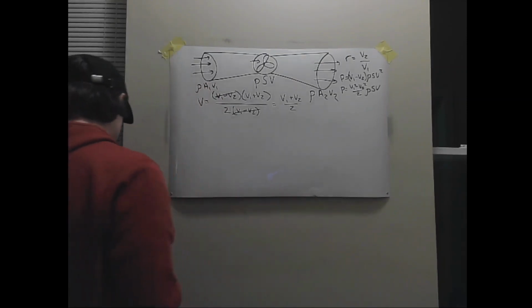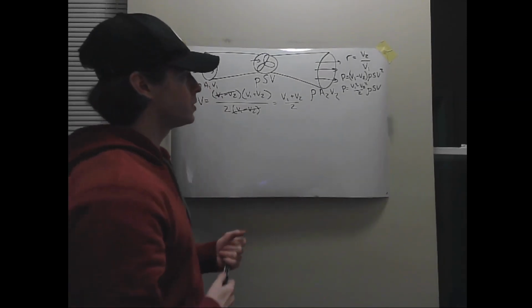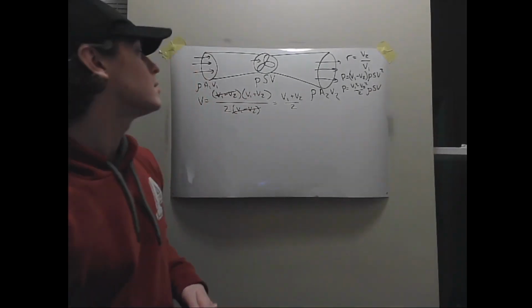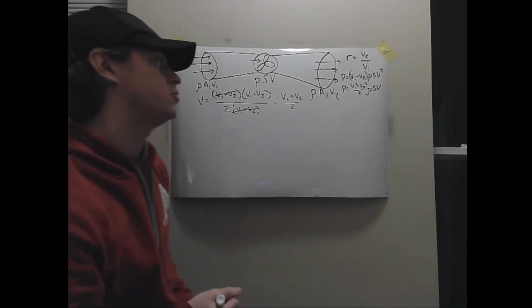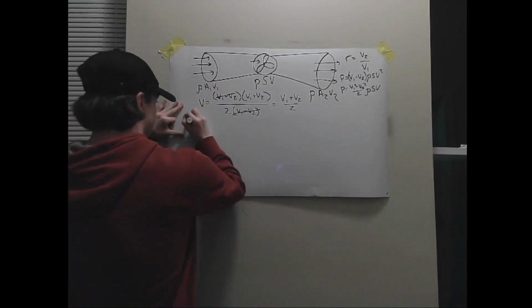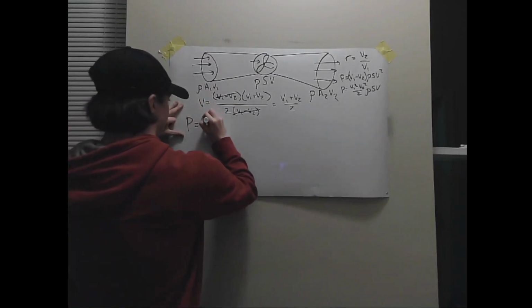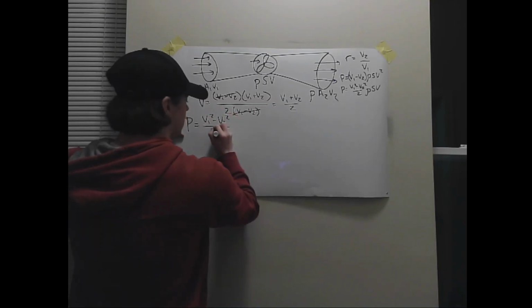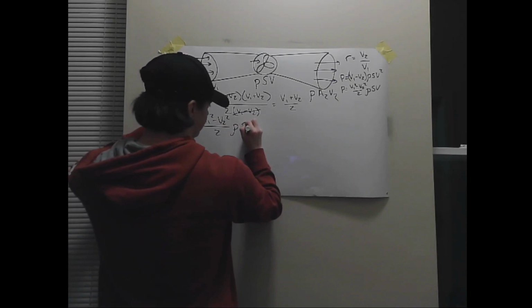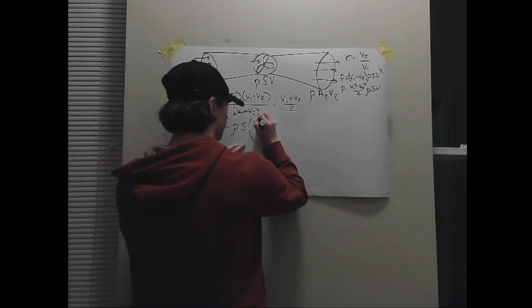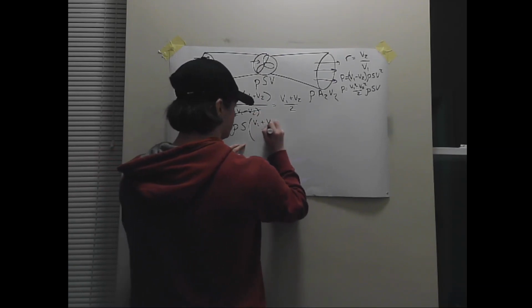So now that we have that expression, we can go ahead and substitute it back into one of our two power equations. So I'm going to go ahead and use this one because it'll be a little simpler. So what that looks like is we have V1 squared minus V2 squared over 2 times rho S, and then our new expression for V, which is V1 plus V2 over 2.